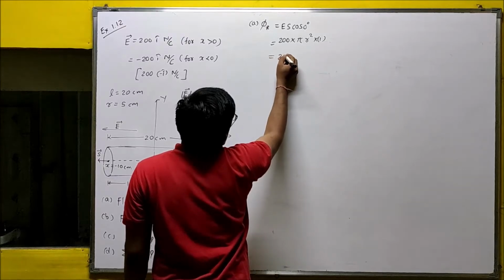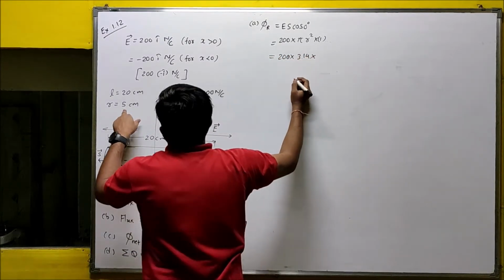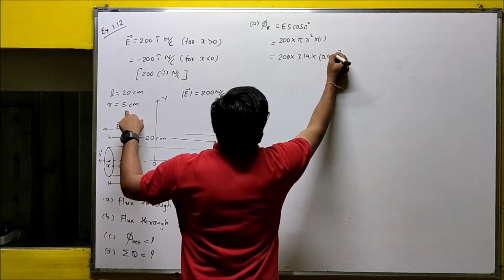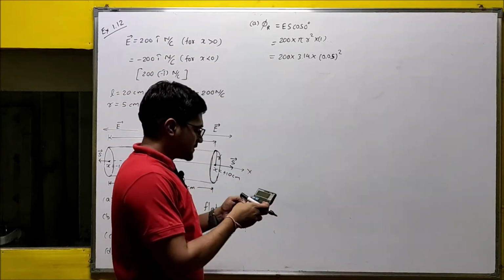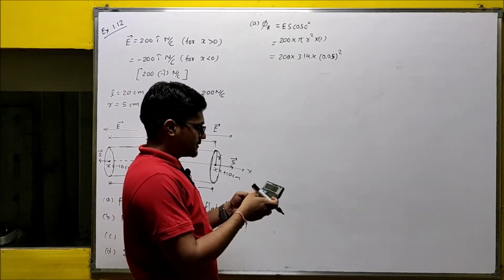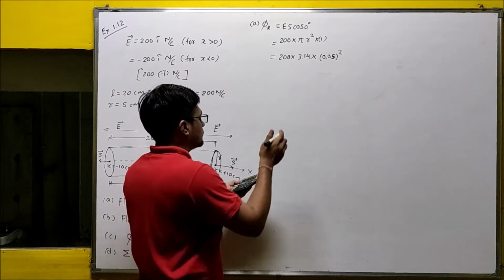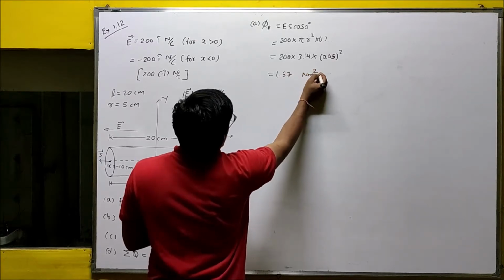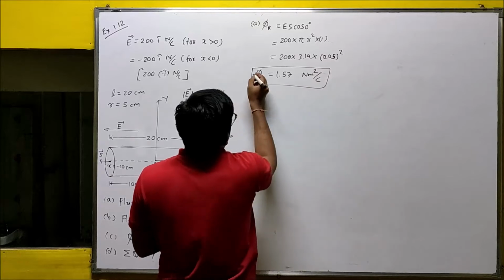So that is equal to 200 into 3.14 into r square, where 5 centimeter means 0.05 meter, whole square. Calculating 0.05 into 0.05 into 3.14 into 200, we get 1.57 Newton meter square per Coulomb. This is the flux associated with the right face.